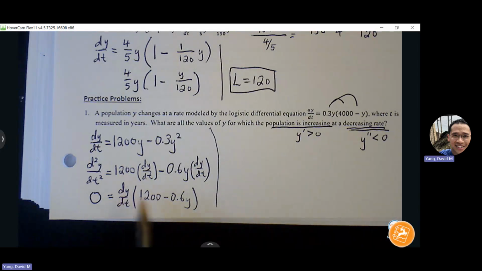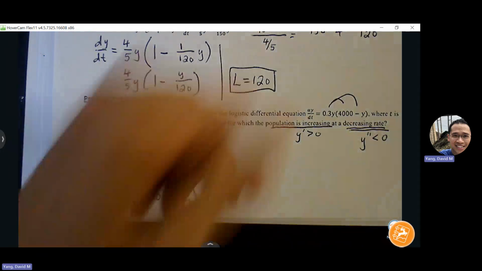So we can ignore that dy/dt. We just have to figure out where 1200 minus 0.6y is equal to 0.